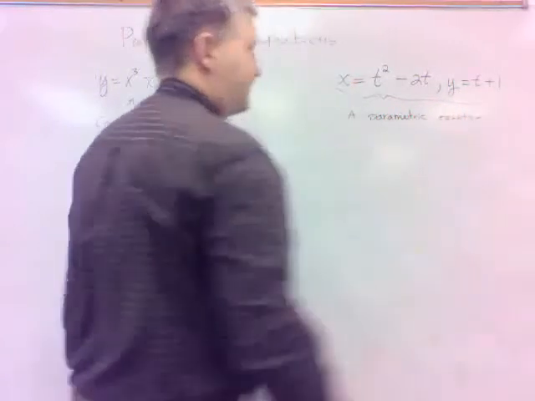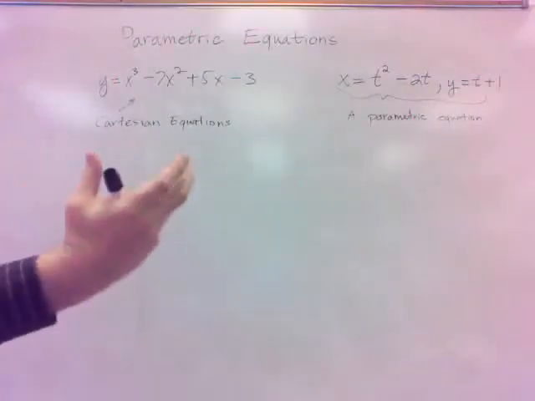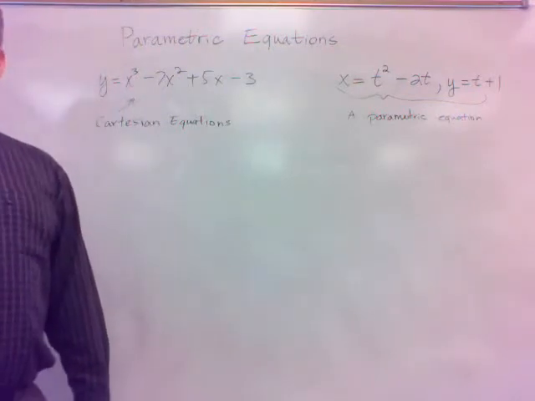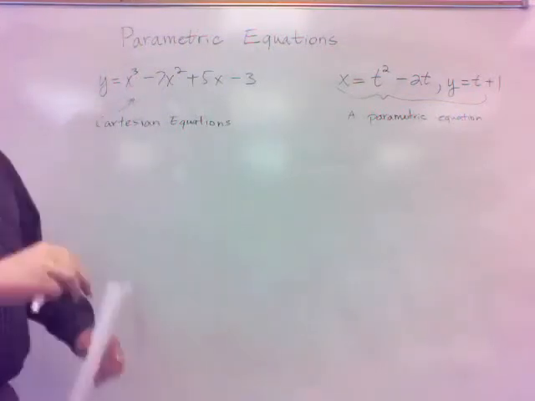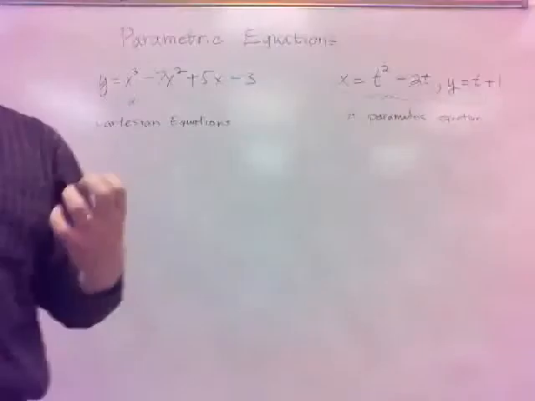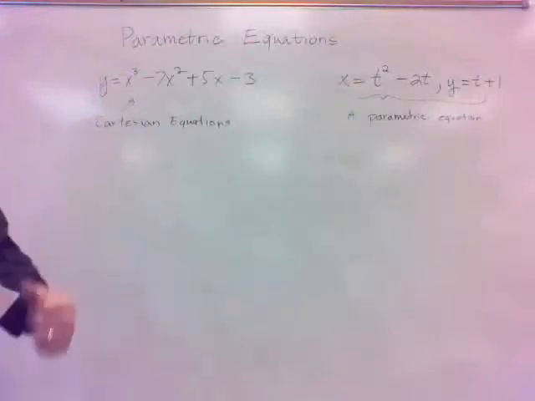So let's notice a couple of differences about the parametric equation. The x and the y here are defined in terms of a third variable, t. This t is the same as that t. So I've got a third variable here, and the t is called the parameter. Hence, this is a parametric equation.